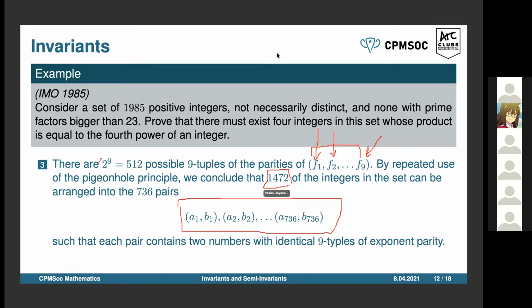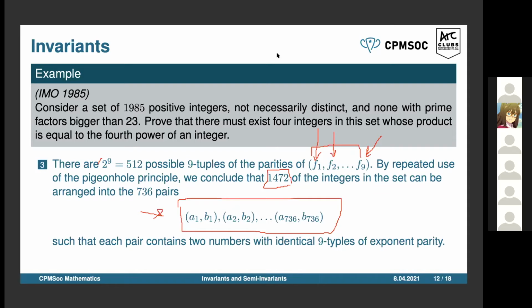It turns out that you can put them into 736 pairs: A1, B1, A2, B2, and so on, up to A736 and B736, so that every pair contains two numbers with identical 9-tuples of exponent parity.